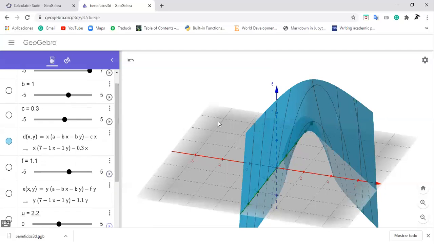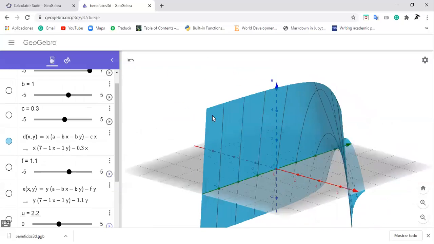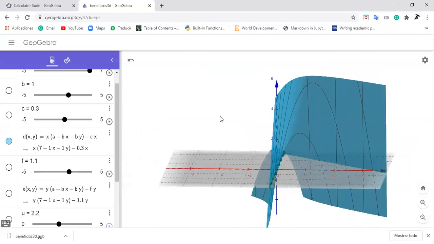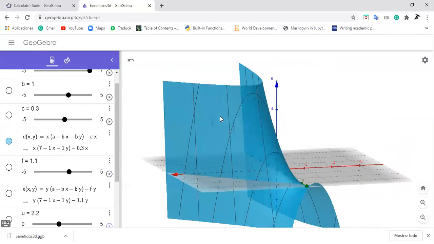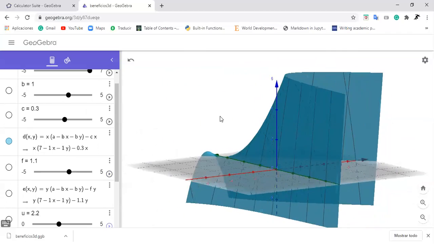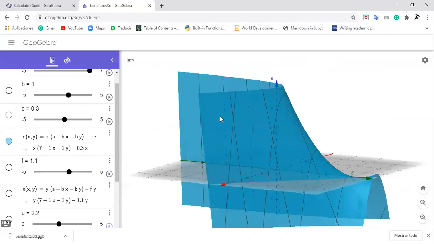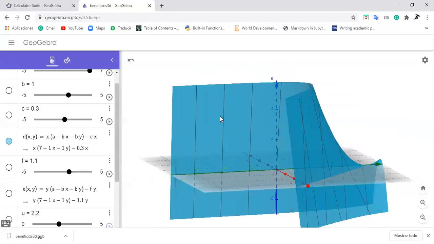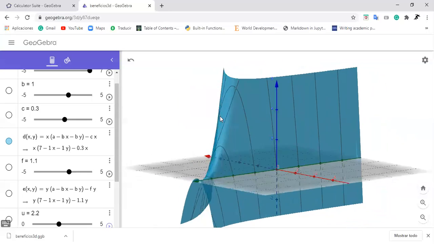Okay, so we have this surface, and now we have to analyze this surface in order to understand the profits and how the profits are maximized, and then how we could create these reaction functions.